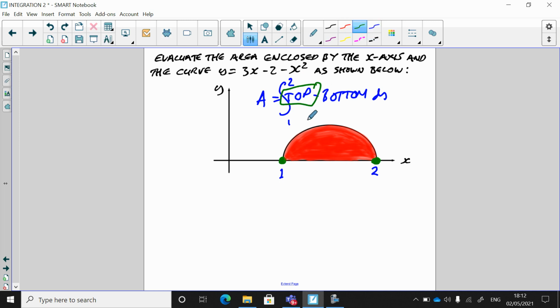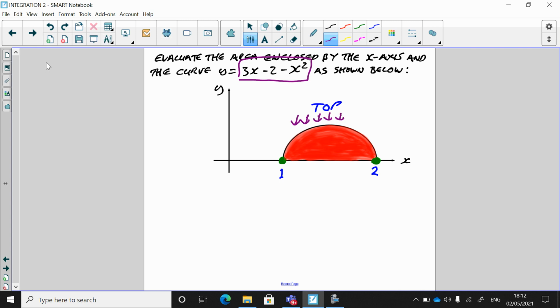The top curve looks like that there, and the bottom curve looks like the x-axis. So that looks like the top curve, 3x take away 2 take away x squared, and the bottom curve is the x-axis.